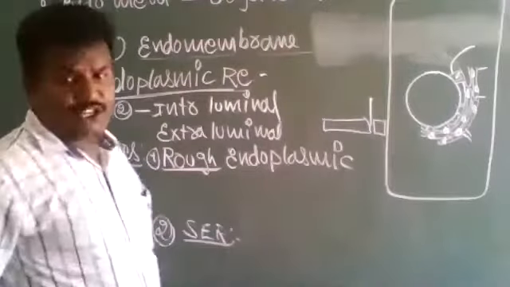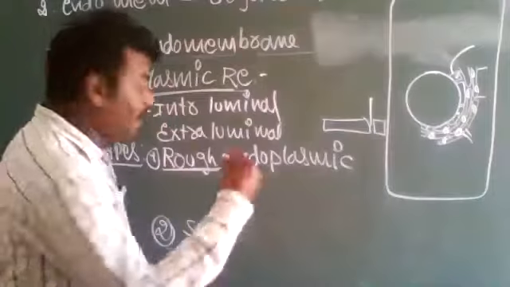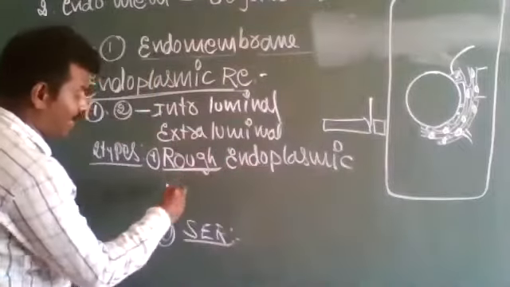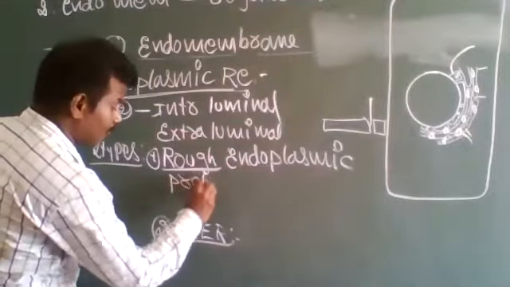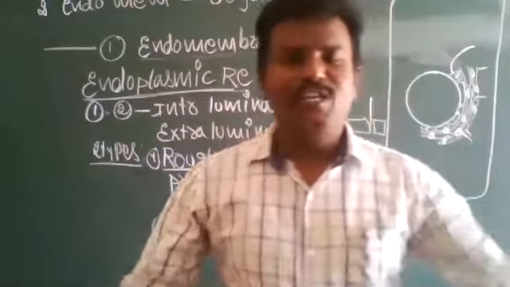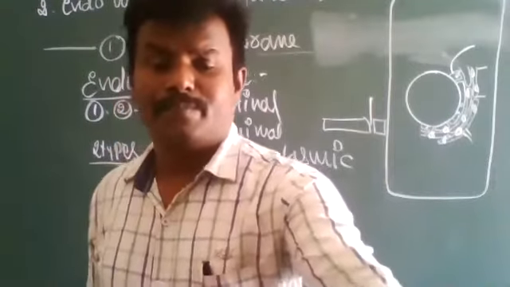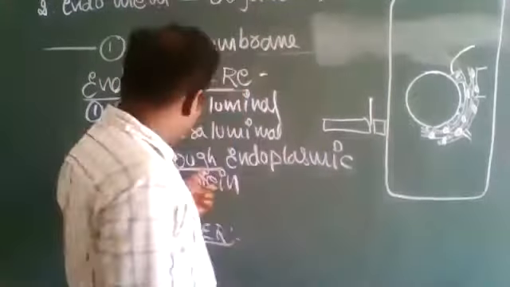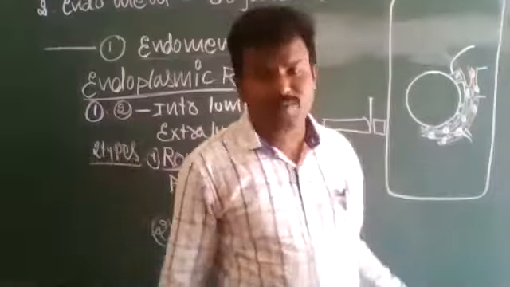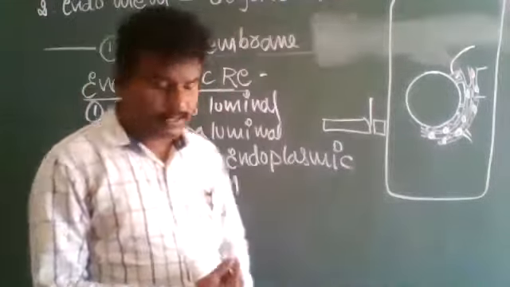Rough endoplasmic reticulum is involved in the synthesis of proteins. Actually, you know very well, ribosomes are involved in the synthesis of proteins. So, when the ribosomes are attached to the endoplasmic reticulum, ultimately they are involved in the synthesis of proteins.